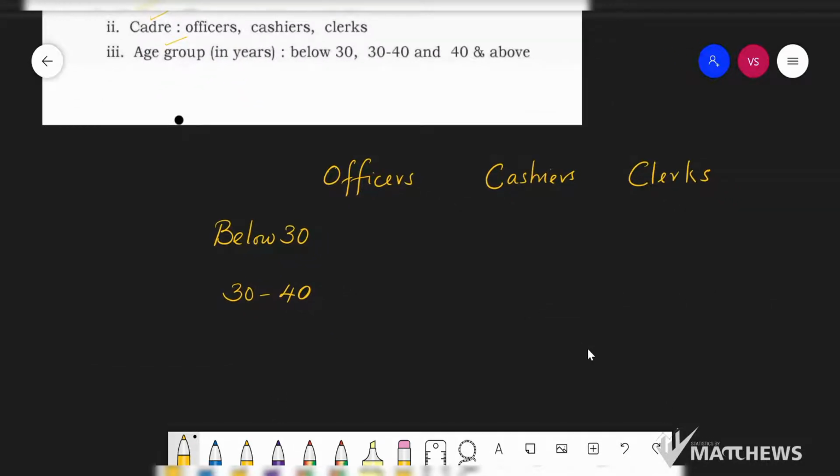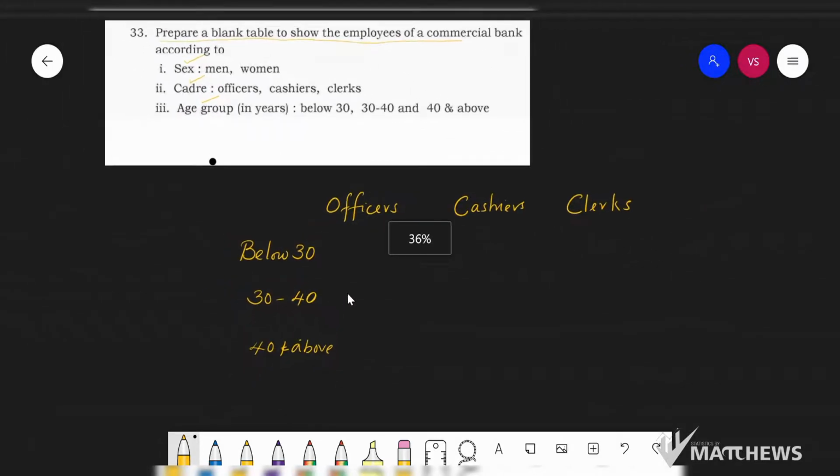And the last one would be 40 and above, another row. Now these are the two main characteristics. I have introduced age group as the stubs and the cadres as the columns.